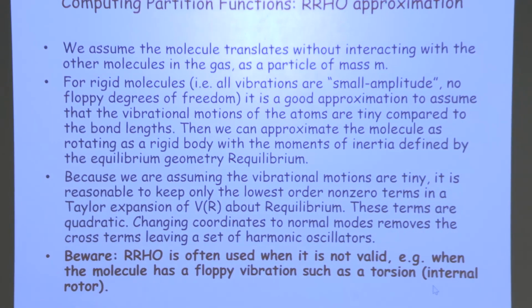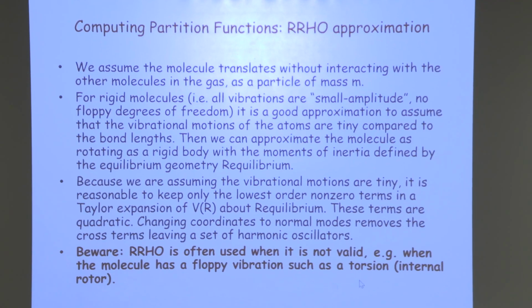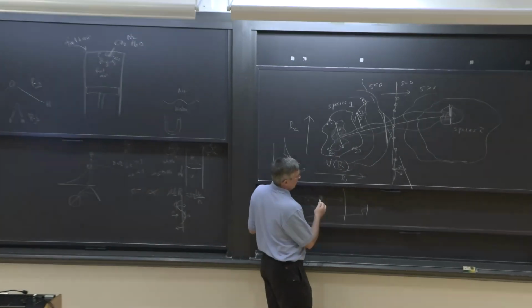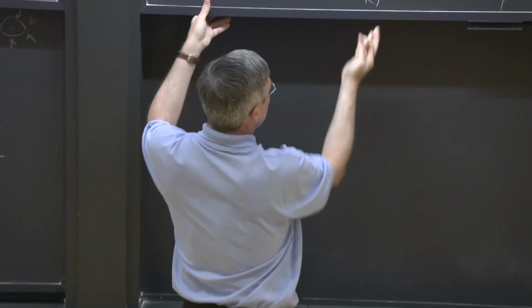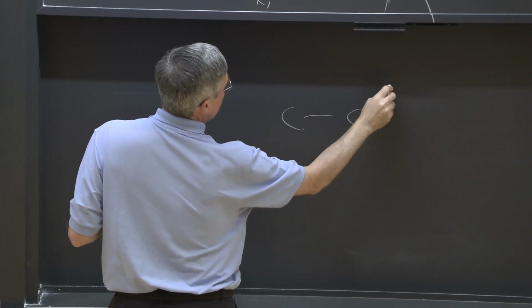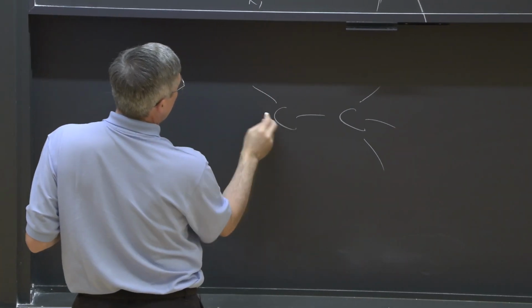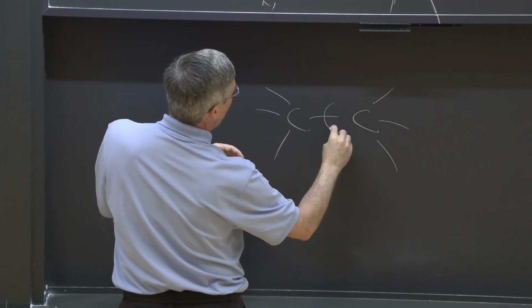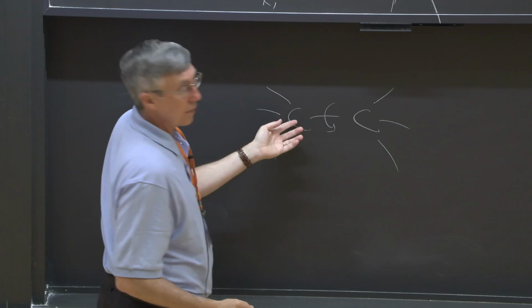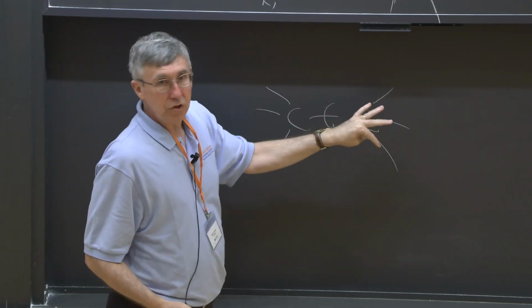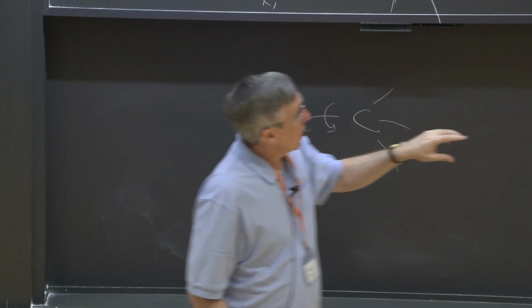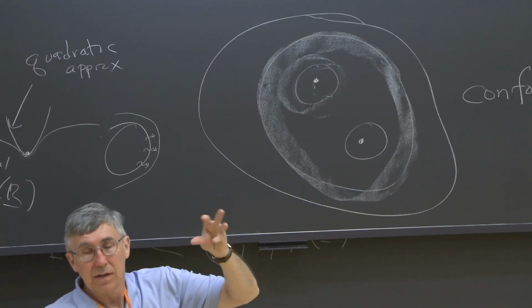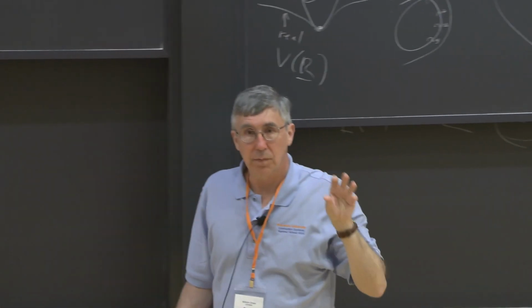This most commonly happens when there are internal rotors. So if I have a carbon-carbon bond, and there's some stuff stuck on each side, typically when I rotate this group relative to this group around this bond, that motion usually doesn't have a high barrier, and it kind of looks like this, where you can freely go from a bunch of geometries that are all perfectly reasonable without really having much of a barrier.